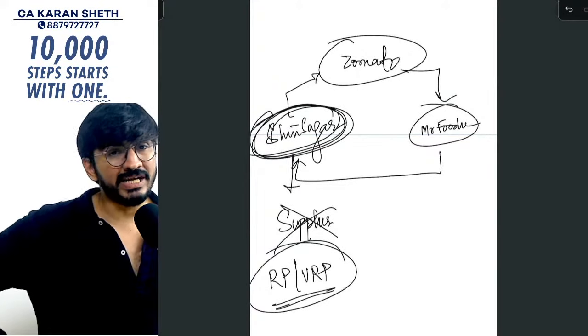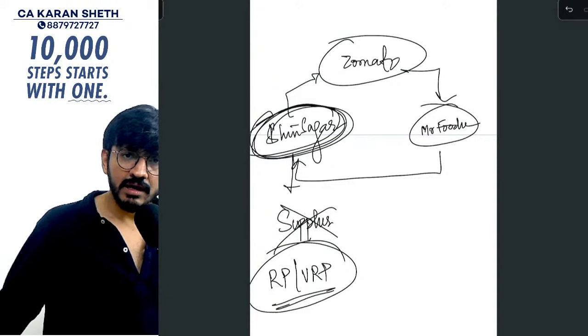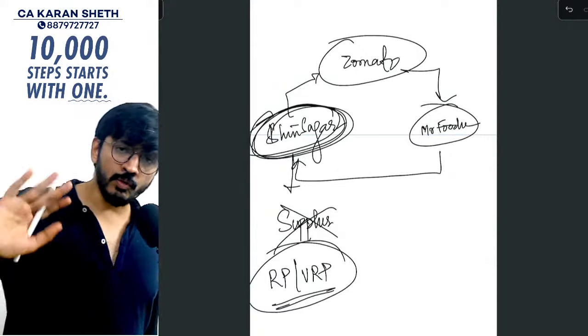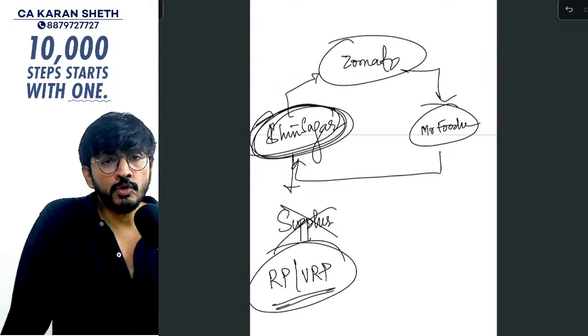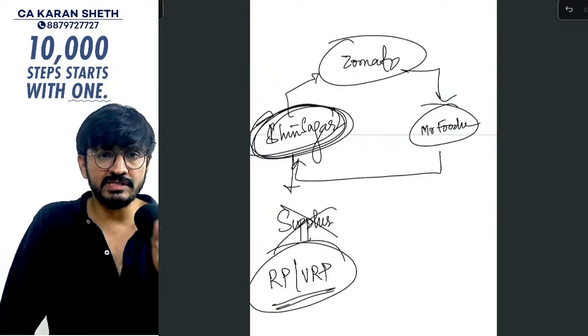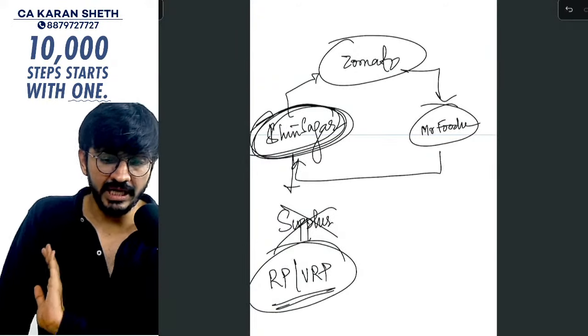Sir, but what about Prasadam, which is an unregistered person? Doesn't matter. Prasadam is unregistered, Zomato is registered. So again, who will pay tax? Zomato will only pay tax. So you don't check the supplier status. You just check restaurant service given by ECO. ECO will pay tax. Period.